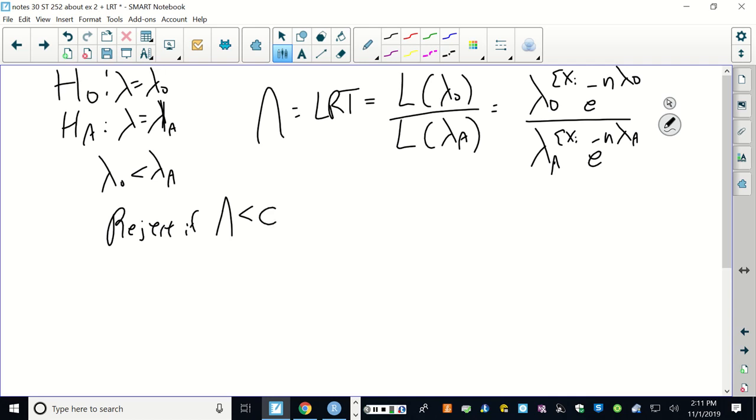Let's simplify this a little bit: lambda 0 over lambda a to the sum of the xi's, times e to the negative n times lambda 0 minus lambda a. Combining these terms, you see how this is contrasting the lambdas. Now we want that thing less than c.